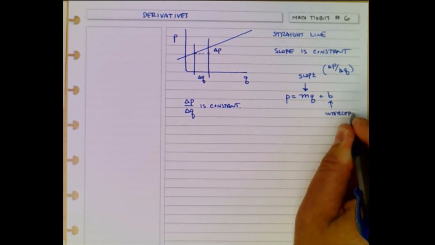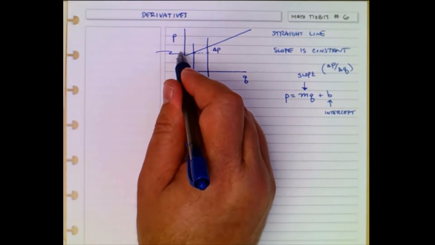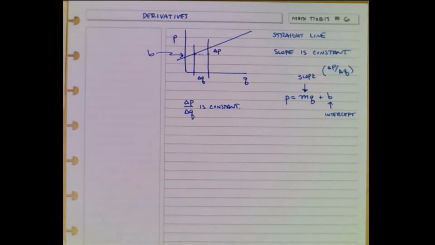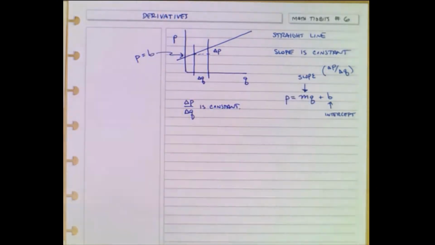That is, it's the value that p has when q is 0. So if you like, there's where b is. Okay, so it is that p equals b where that line crosses that axis. Okay? So that's a linear case.